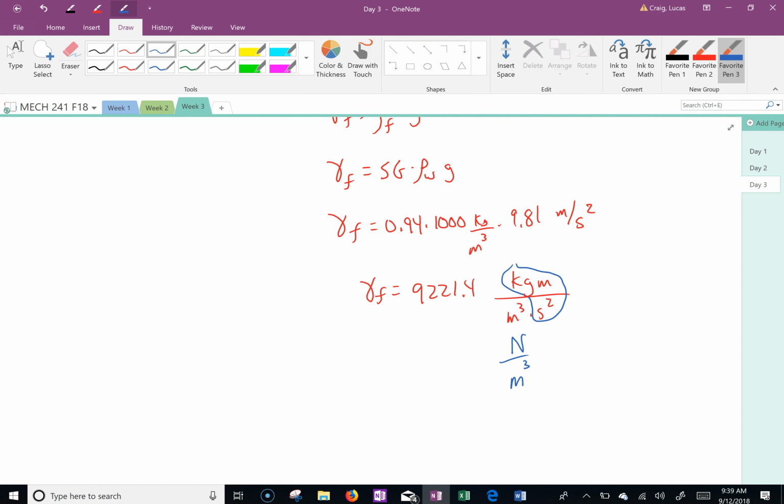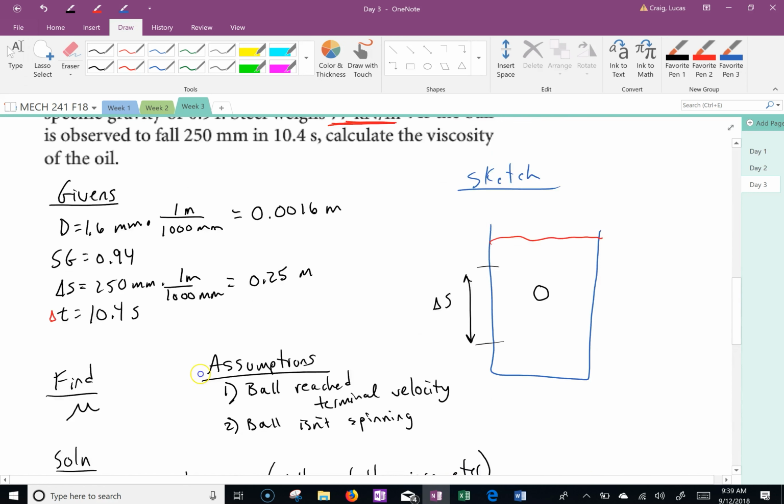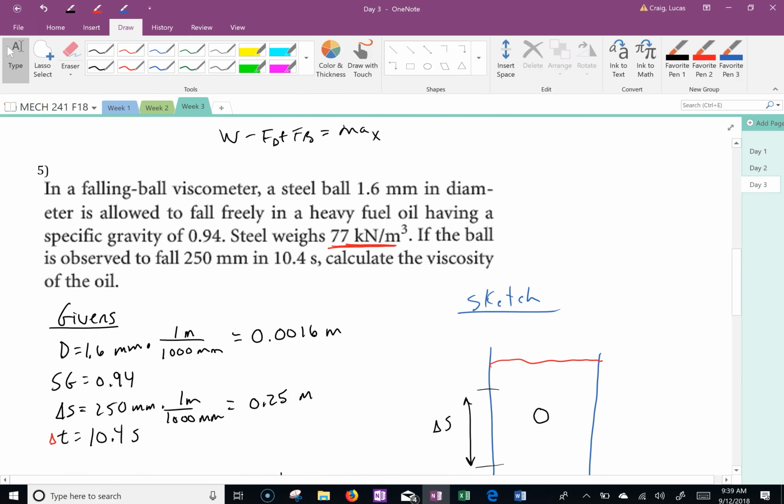Okay, you say, okay, how do we now combine them to get this? So now we have a newton over a meter cubed. What was that other thing in the problem? It says the steel weighs 77 kilonewtons per meter cubed. So tell me what that variable then is.